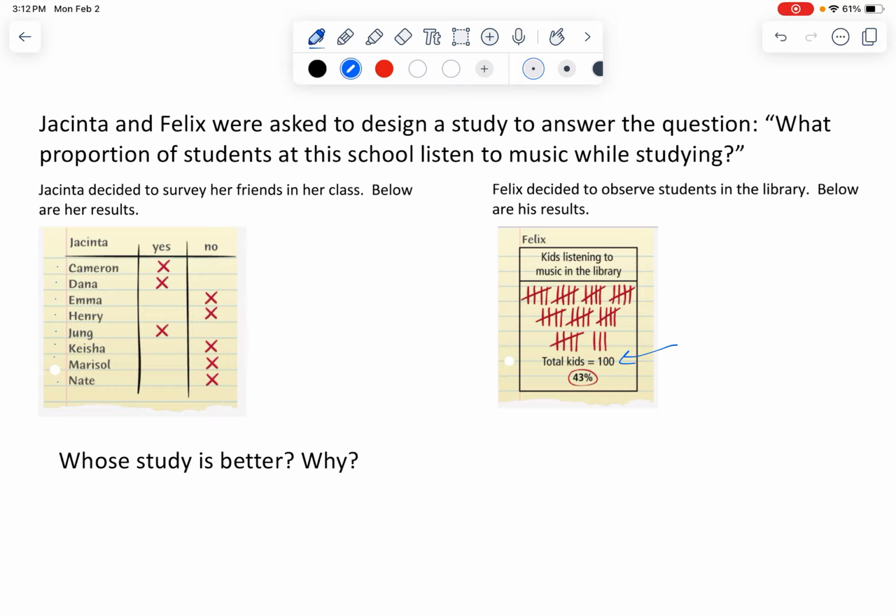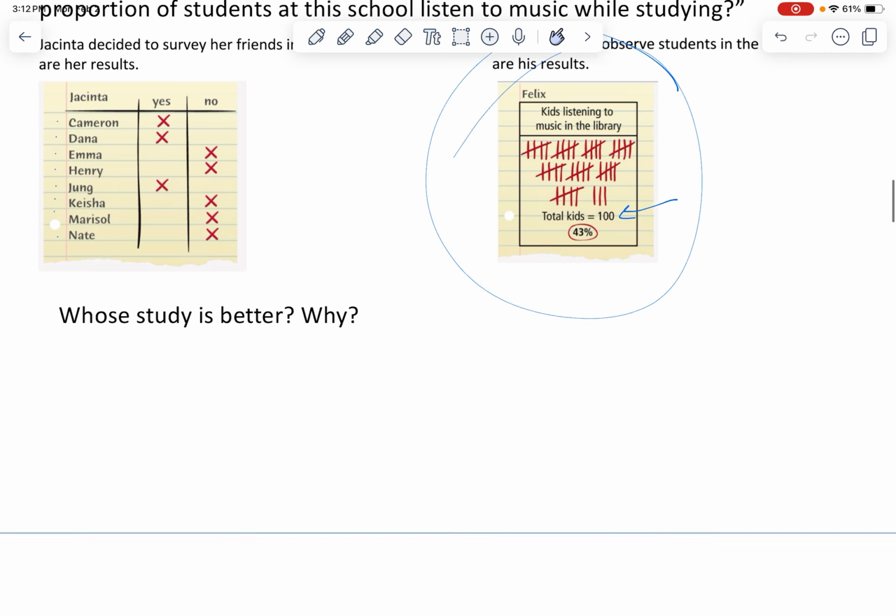Jacinta, it says here, surveyed her friends, so this might skew some of our results. And there's only 8 students that she surveyed. So whose study is better? Probably this one. Okay, so we're going to talk about some of these things today.